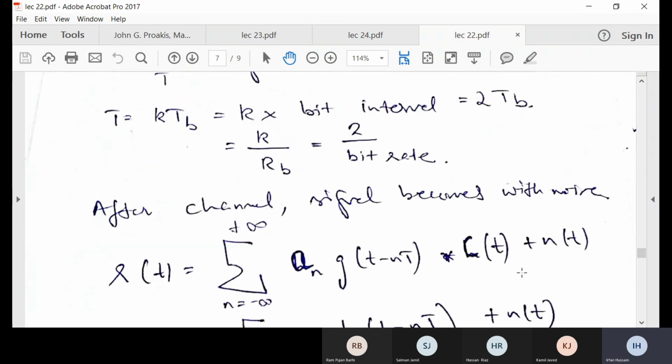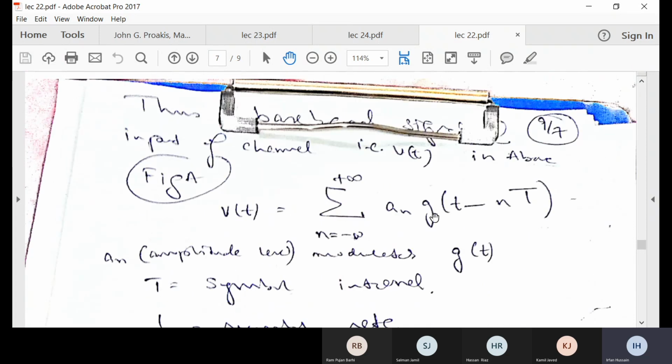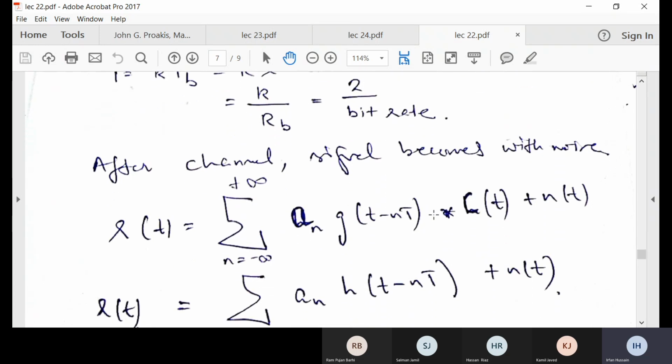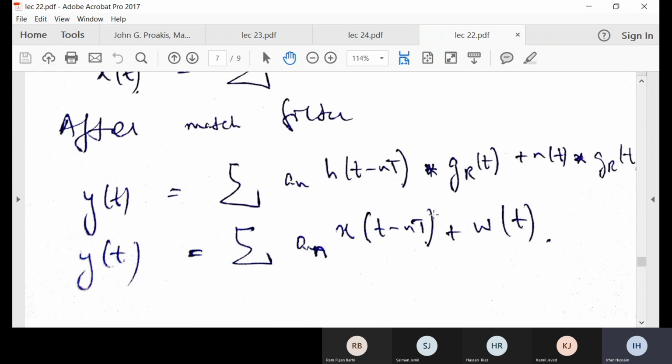So these symbols were multiplied with the train of pulses given by g, which you can say are the orthonormal basis functions, and this was your baseband signal that was sent. Then we saw that it would be convolved with the channel, and you would get this h(t minus nT) at the receiver, which has passed through the channel.